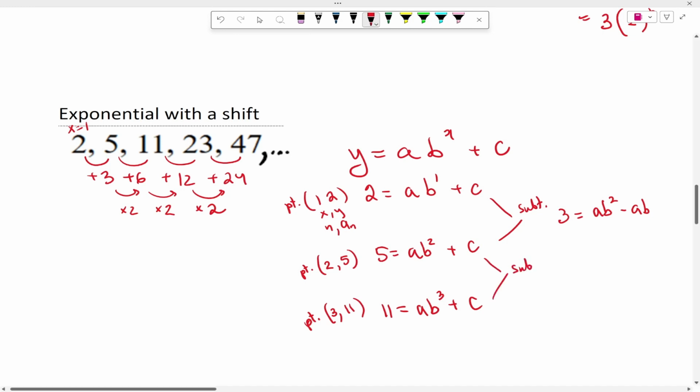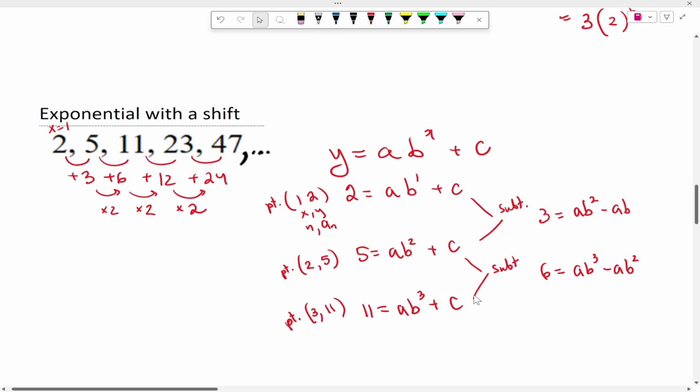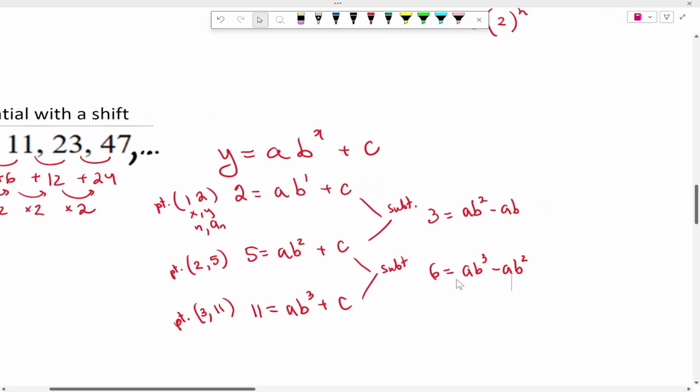Let's subtract again. What's 11 minus 5? 6. And ab cubed minus ab squared, and the c's disappear again, right? Yes. Okay, so now instead of having 3 equations, 3 unknowns, we have 2 equations with only a and b. There are no more c's.